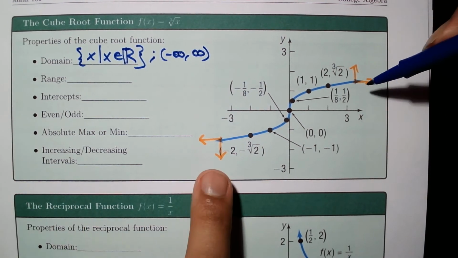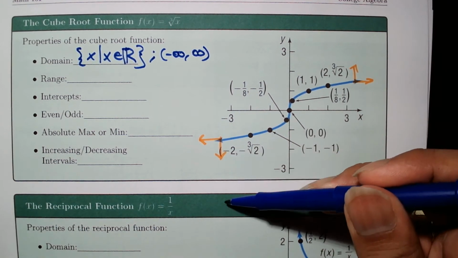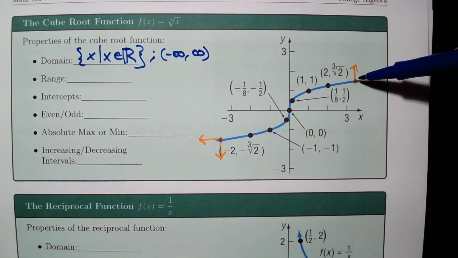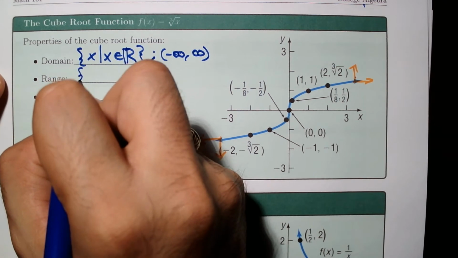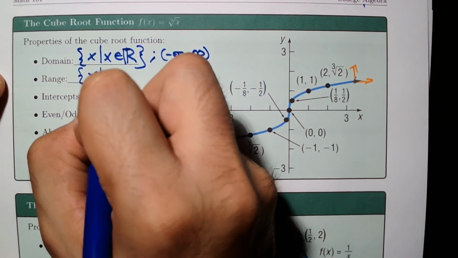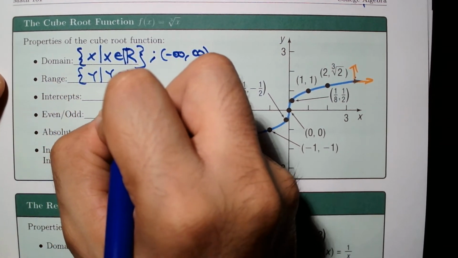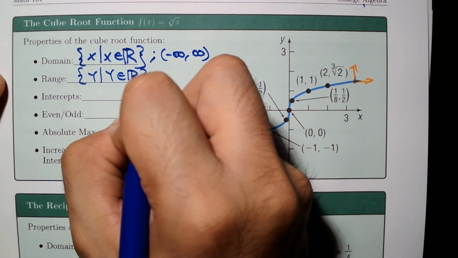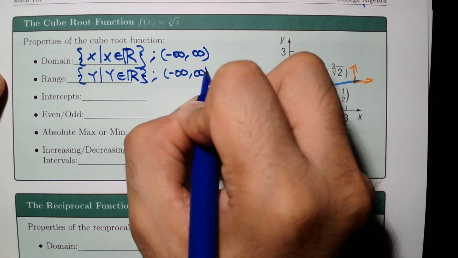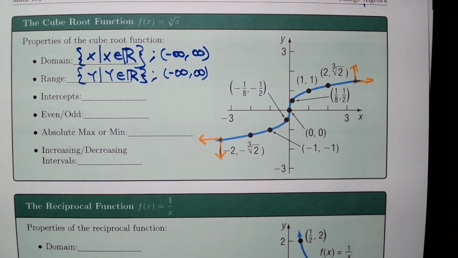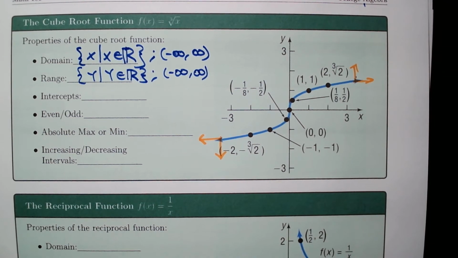The range of this function, look at this arrow pointing down to negative infinity, and this arrow pointing up to positive infinity. So that means y such that y belongs to the set of all real numbers, which in interval notation is again negative infinity to positive infinity.